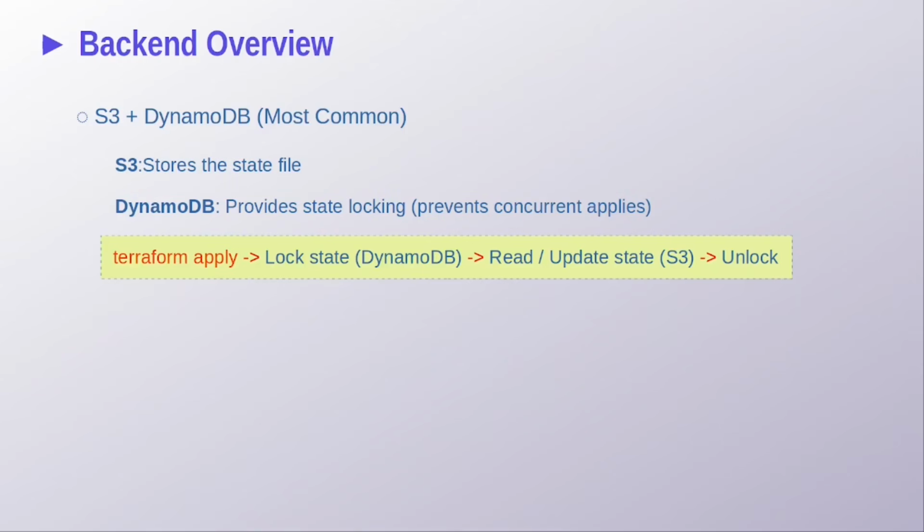DynamoDB provides locking. The flow: when you run the terraform apply command, Terraform first locks the state in DynamoDB, then reads state from S3, then updates infrastructure, then updates state in S3, and unlocks the state. This prevents two people from applying at the same time. This setup is the enterprise standard.